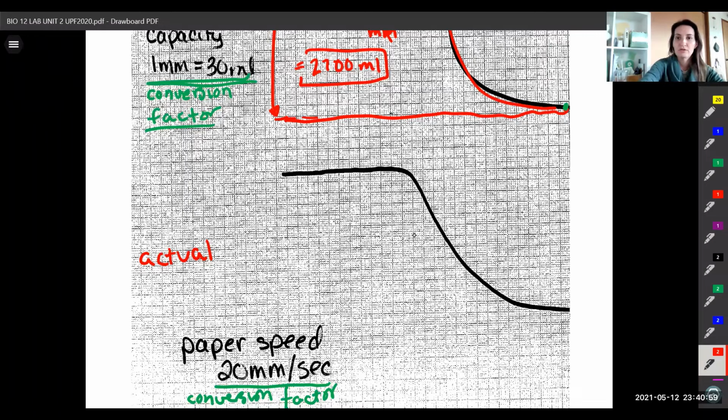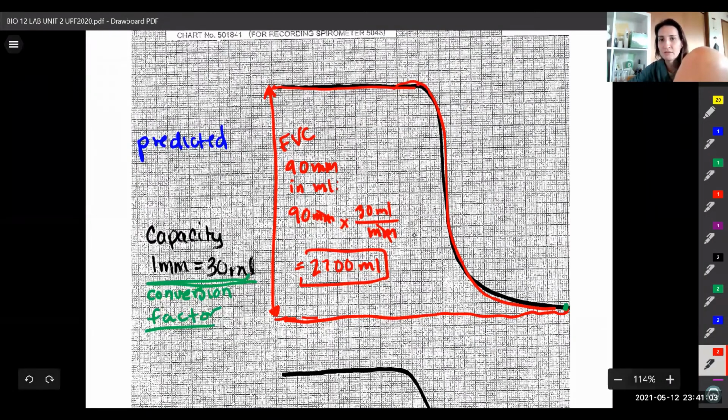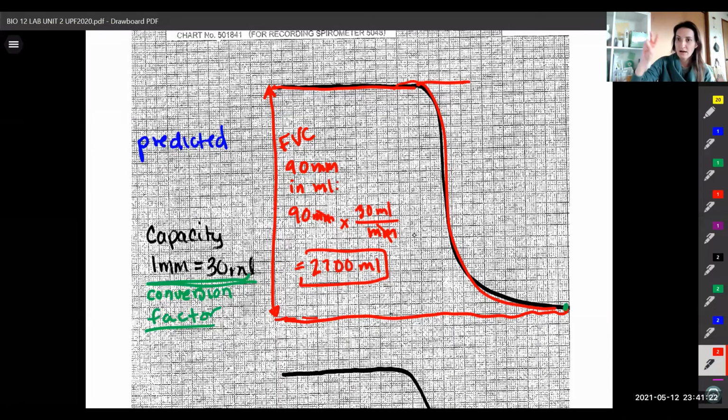So we start here when the individual first begins to exhale, and we measure out 20 millimeters. For my purposes, I counted a total of 4 boxes equates to that here. If I tell you that each box is 5 millimeters by 5 millimeters, then you're going to count 4 boxes out from wherever you are, eyeball that.